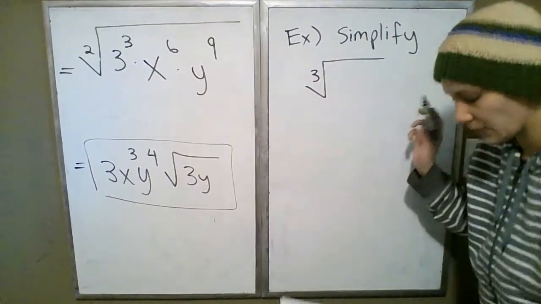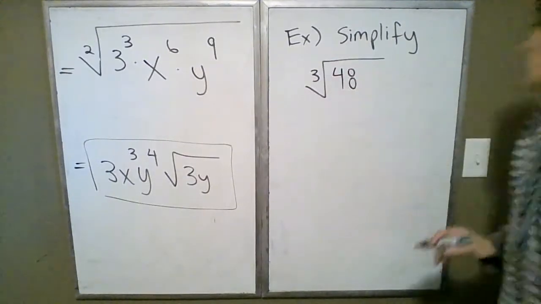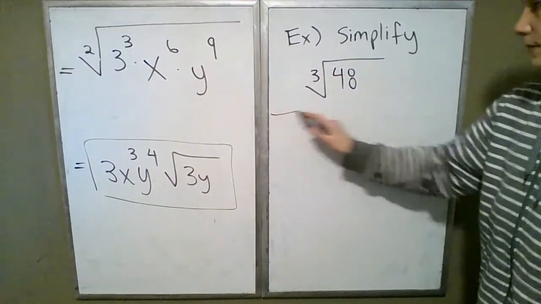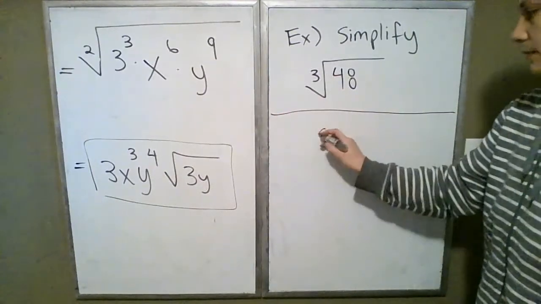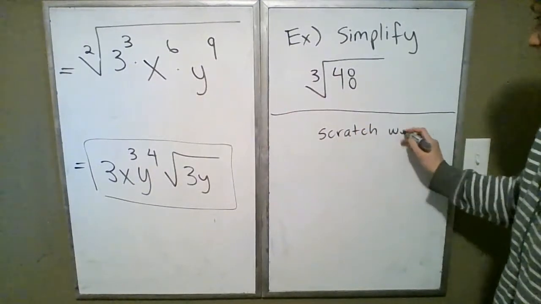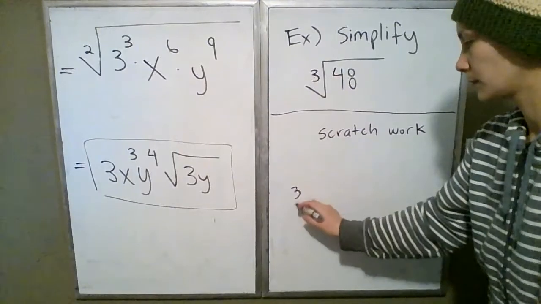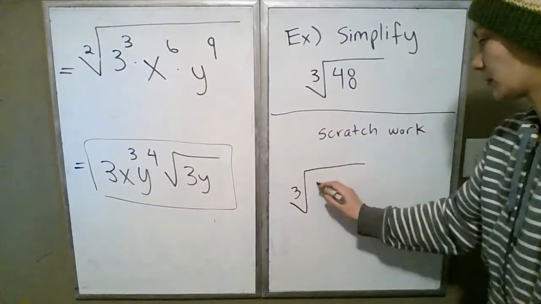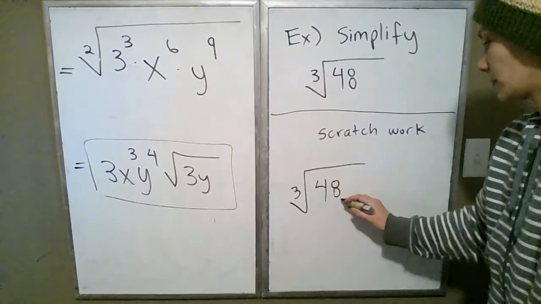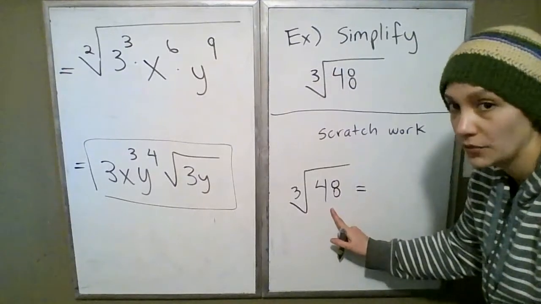Right now, we're just going to have the number 48. Start factoring 48.